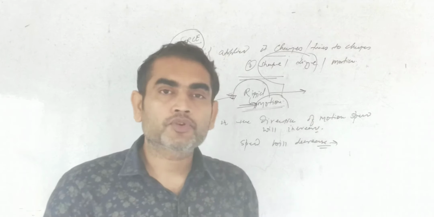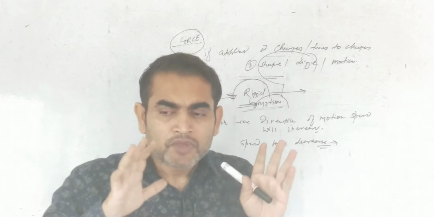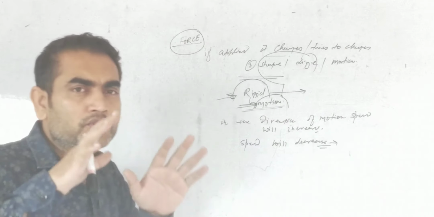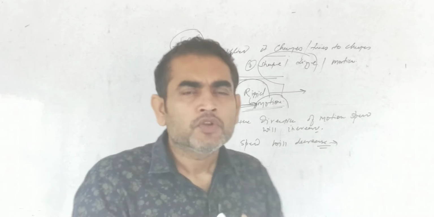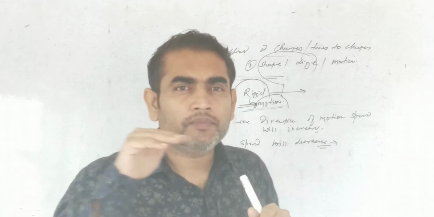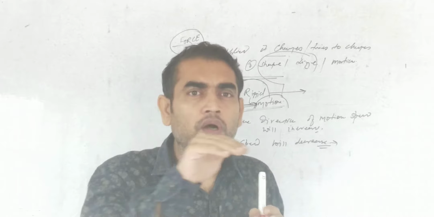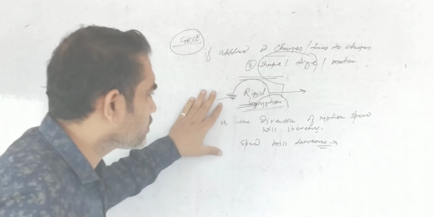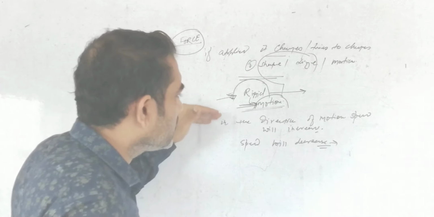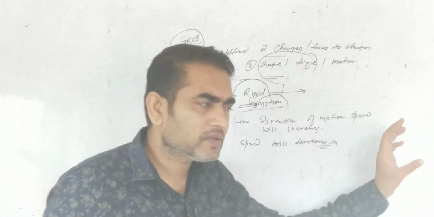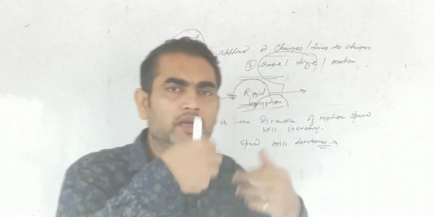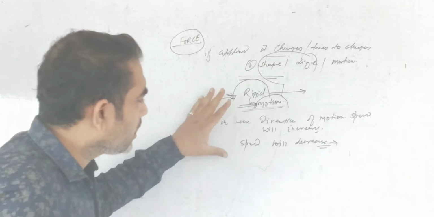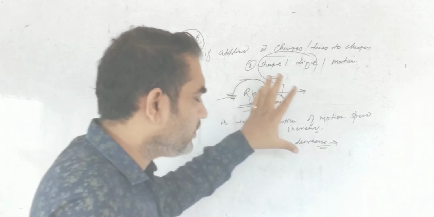And in the direction of motion, suppose you are riding a bicycle and someone is pushing from behind, in the direction in which you were going. Then the force will lead to an increase in velocity, an increase in speed. And whenever the brakes are applied, meaning force is applied opposite to the motion, the speed of the object will decrease.